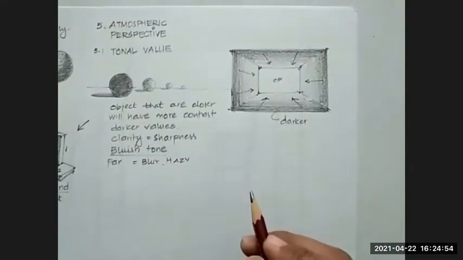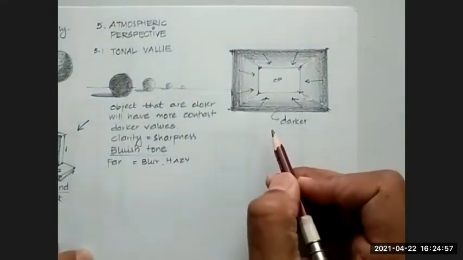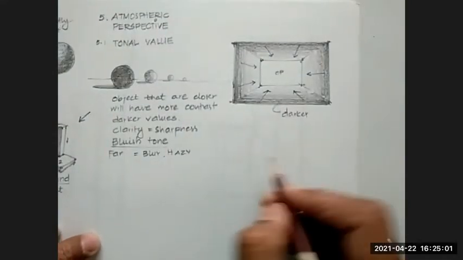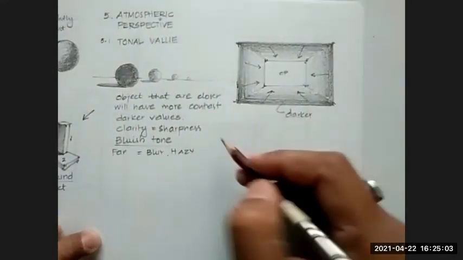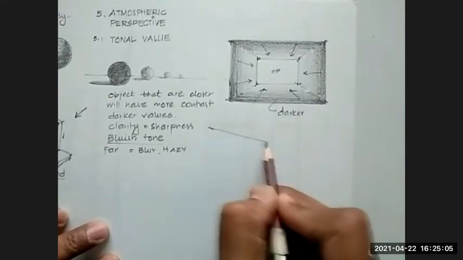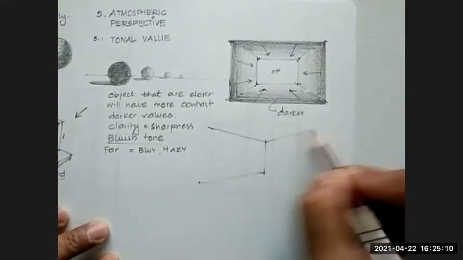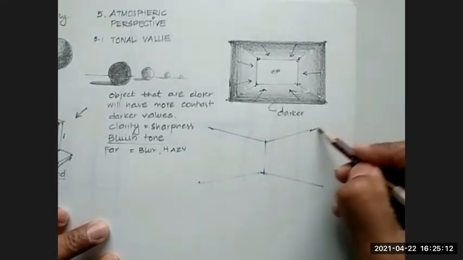Okay, I hope so far you are clear. So this is how the tonal value impacts. Tonal value will also happen on the wall surface like this. You can mute yourself now.